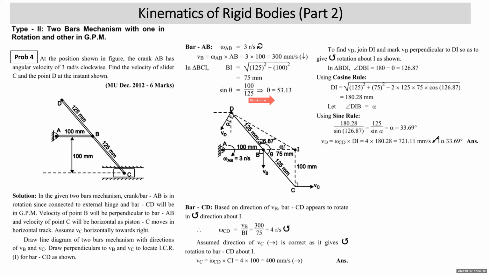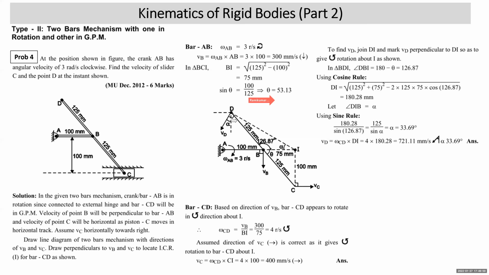Now we have to find the inclination of velocity D. Suppose the dotted line DI is making angle alpha with horizontal. Velocity VD, normal to it, will make angle alpha with vertical. To find angle alpha, you can use sine rule in the same triangle BDI.